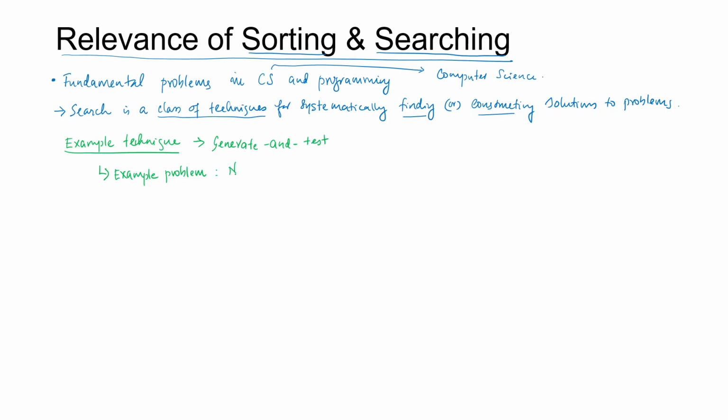What we call a number lock or the combination lock. These are the locks in which you have dials with numbers in it, and different combinations of the numbers will open the lock for you. So, the steps here: create or generate a possible solution. You generate a possible solution which is a combination of the numbers with the various dials. Test the solution.